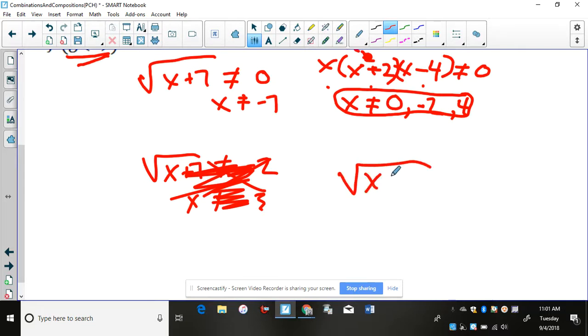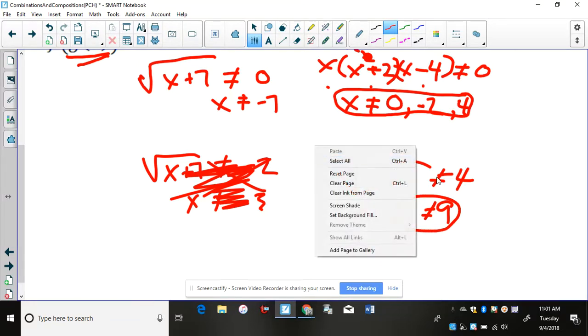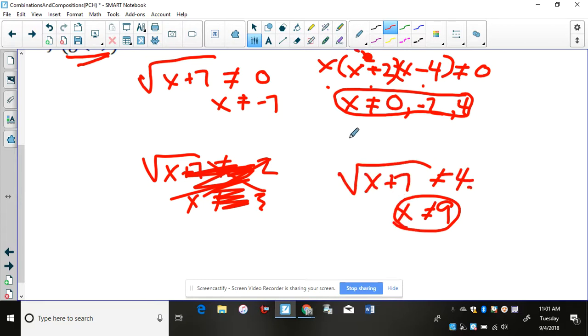We have the square root of x plus 7 cannot equal 4. Square both sides, subtract 7. We get x cannot equal 9. A value of 9 here gives me 16. The square root of 16 would equal 4, and I'm not supposed to let it equal 4 because of these values up here.